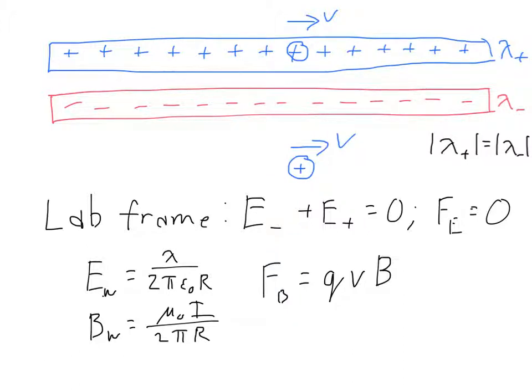Nonetheless, then we have that force, and we can substitute what we have for B. So we'd have that the force on that charged particle is its charge, how fast it's moving, the amount of current in the wire, divided by 2 pi epsilon naught times the speed of light squared times r.